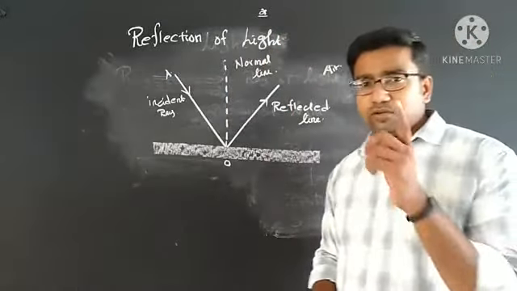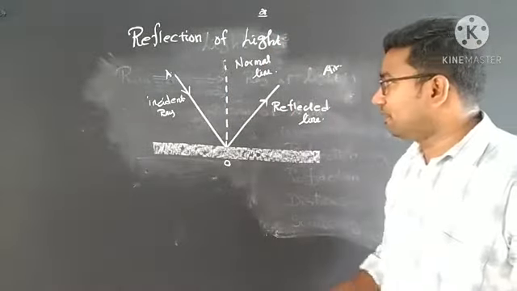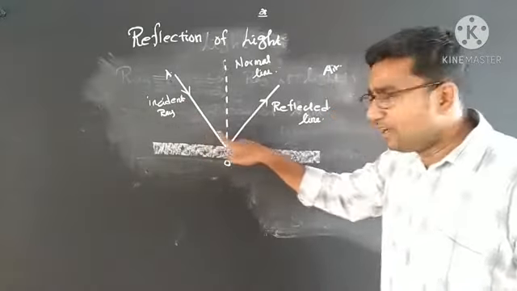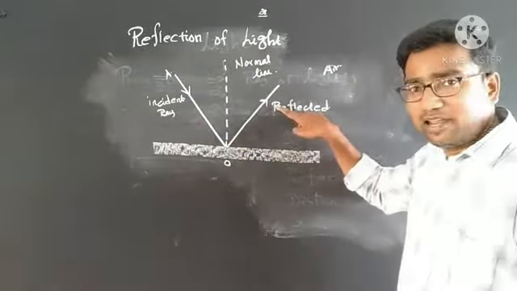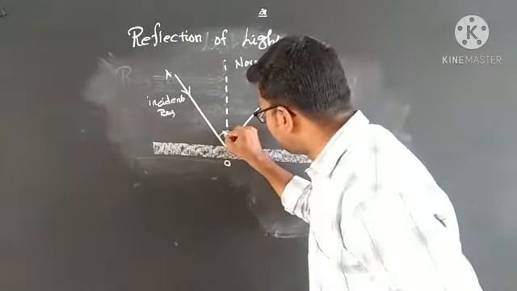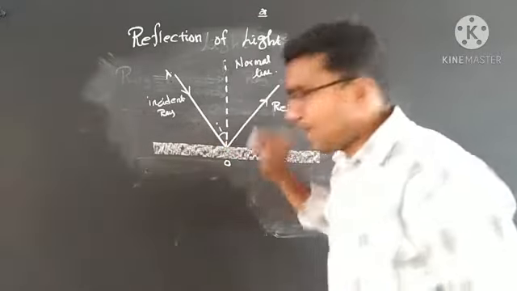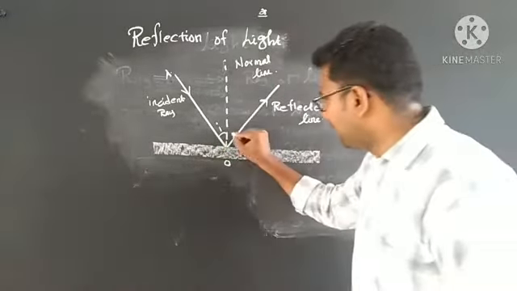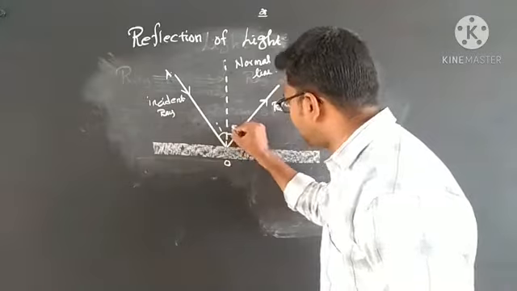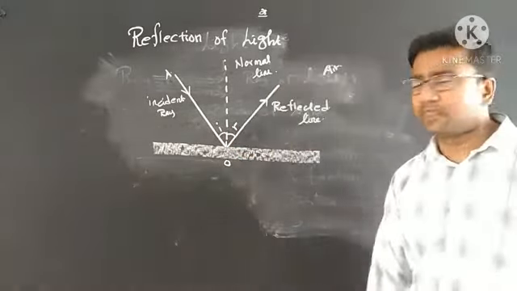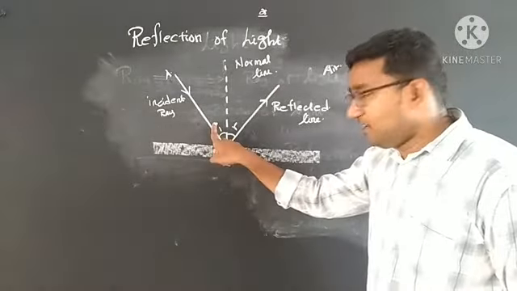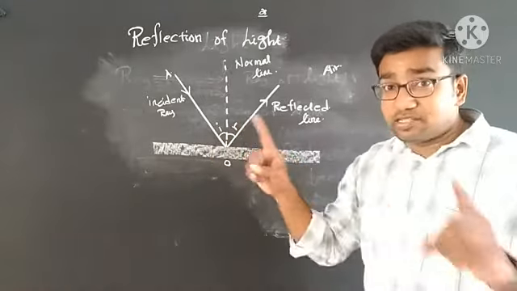You should notice one thing. Here, the incident ray and the reflected ray have the same angle. So this should be indicated by I, the incident angle, and this should be indicated by R, the reflected angle. The incident angle and the reflected angle are the same.